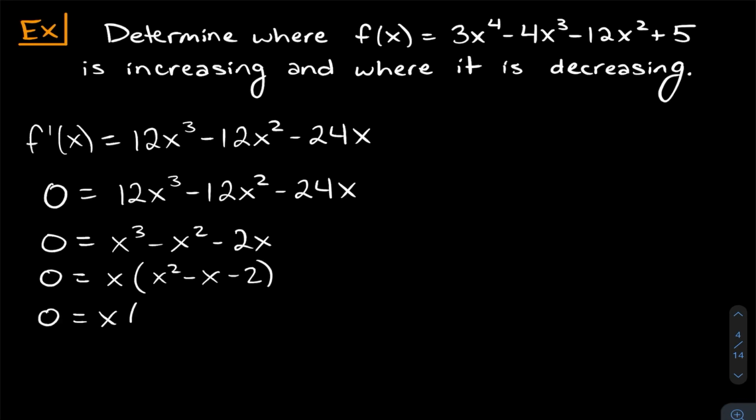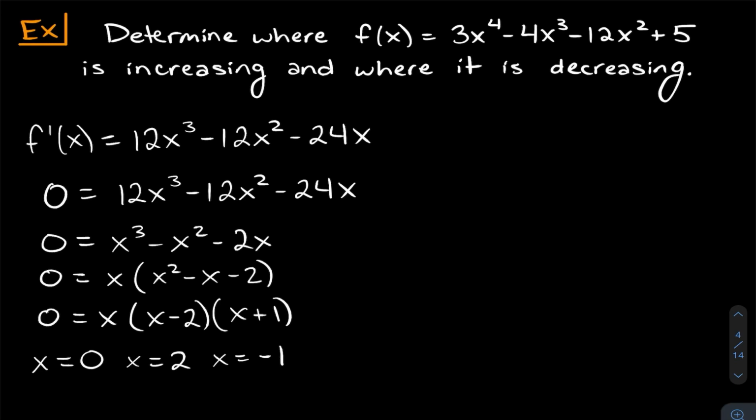And the question is, what are two numbers that add to be -1 and multiply to be -2? Well, that's going to be -2 and +1. Now you can see that your critical numbers are going to be x equals 0, x equals 2, x equals -1. Great. And these are important.